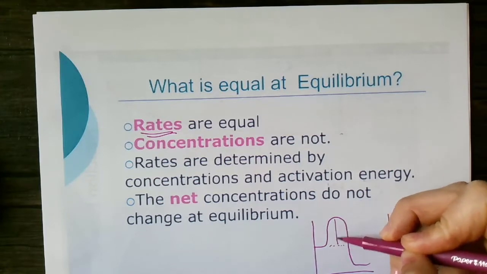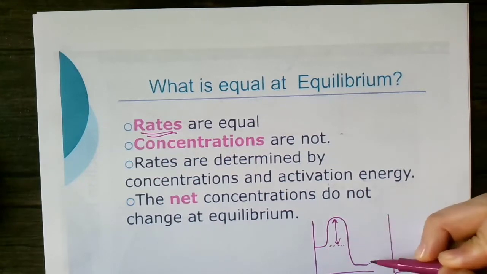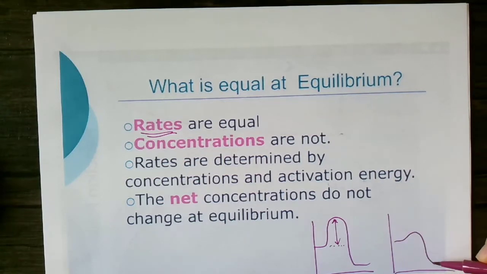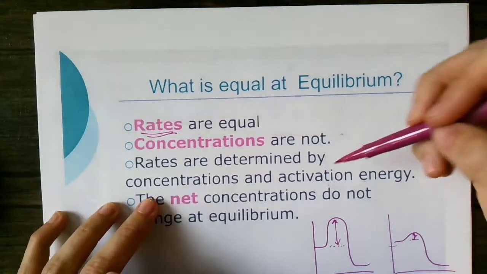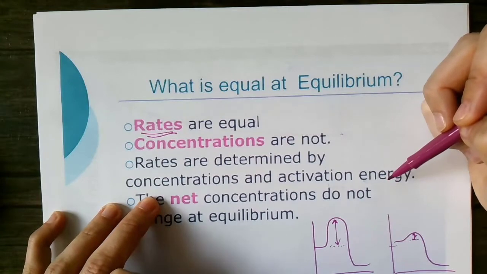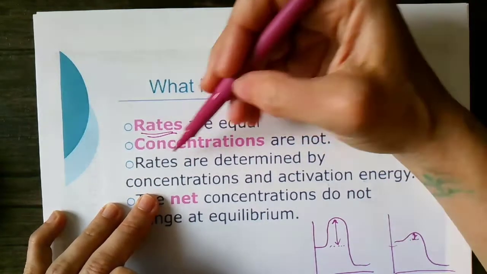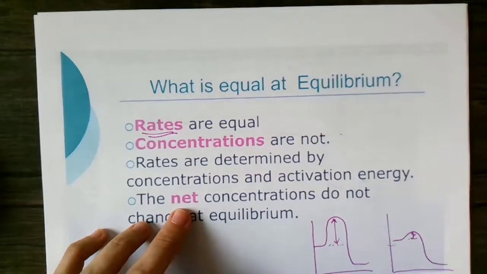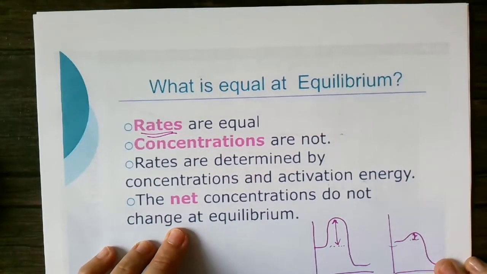Remember, that's the energy required for this reaction to happen, as compared to a very small activation energy. So this one is obviously going to have a much smaller or quicker rate because it has a lower activation energy. So rates are determined by concentrations and activation energy, but that net concentration does not change at equilibrium.